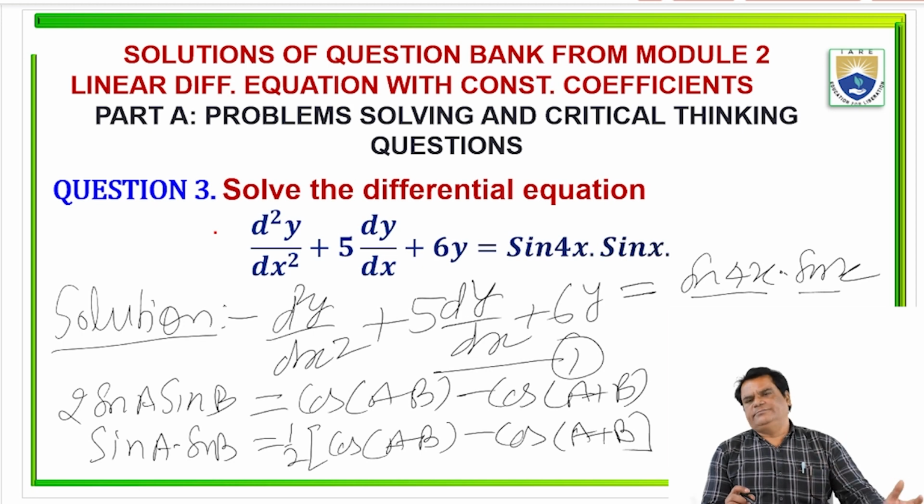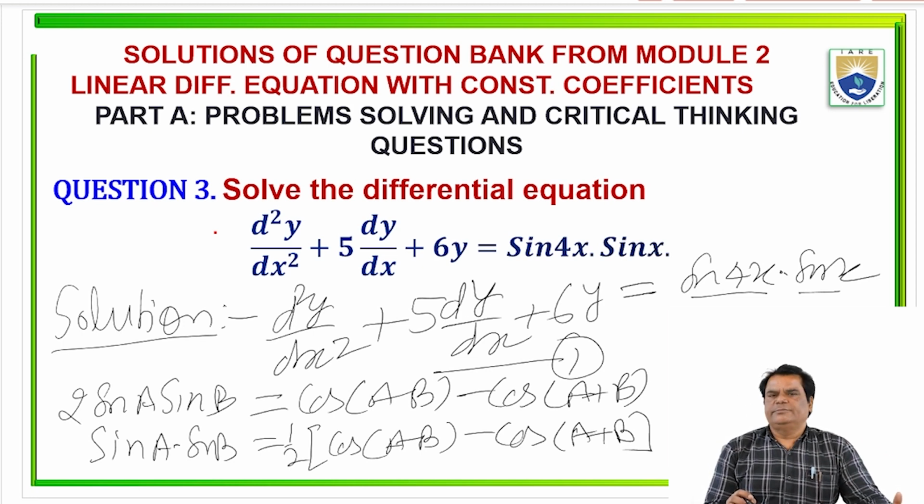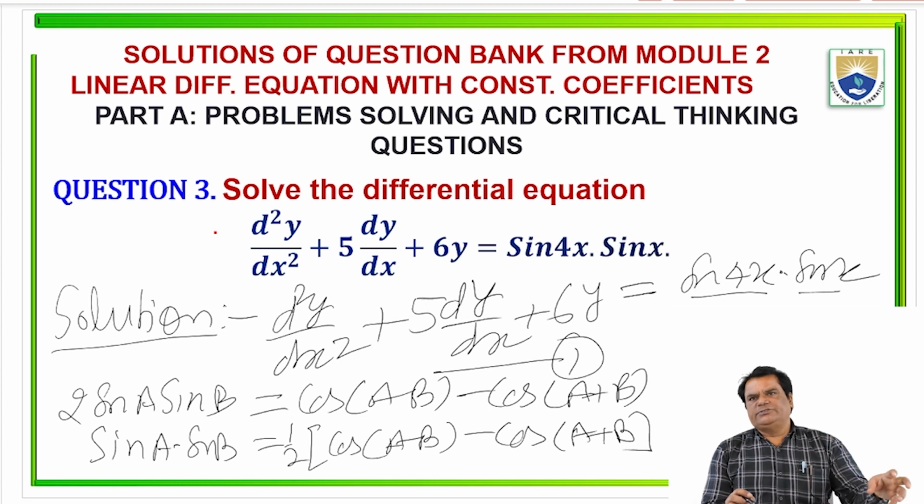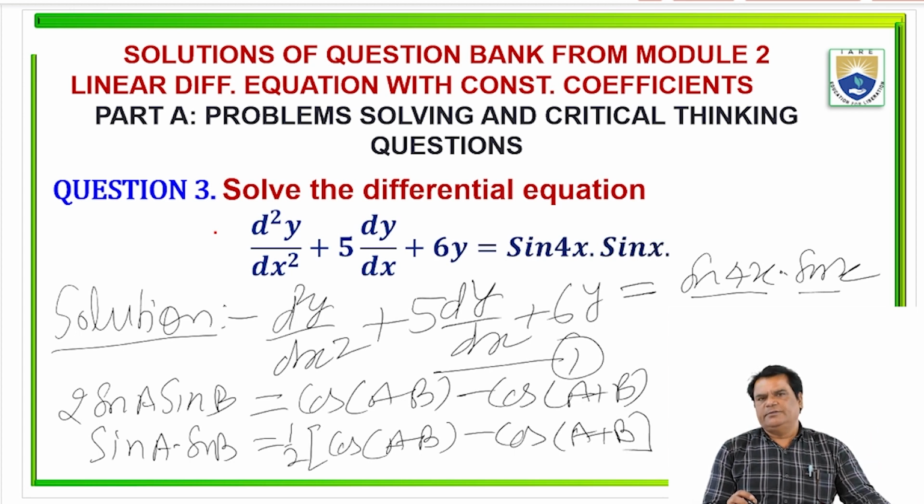How can we add? We want to write it in addition form. In any particular integral, if the trigonometric functions are multiplied, then we want to write them in addition form, so we apply this formula.